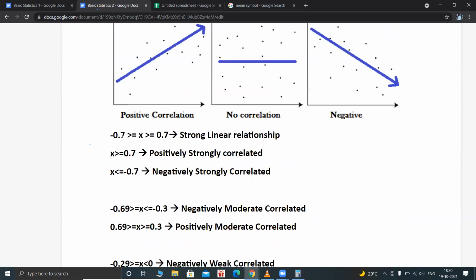Tell me whether it is positively correlated or negatively correlated. So if the values were negative, is it positive or negative, guys?